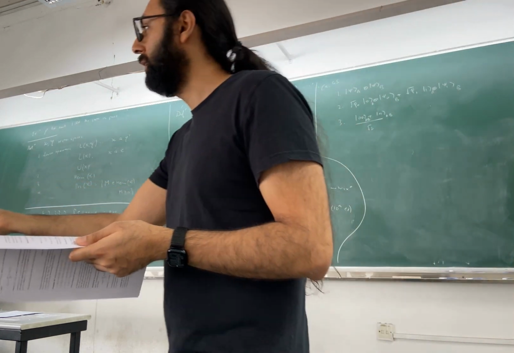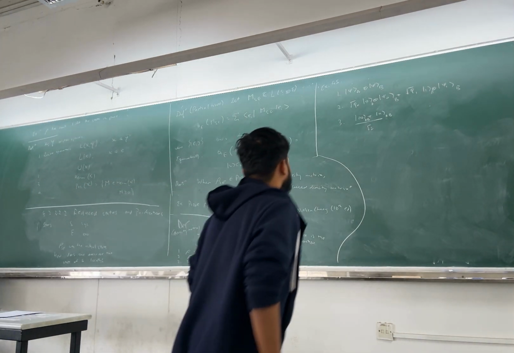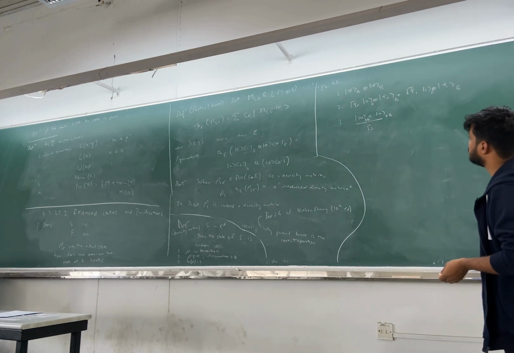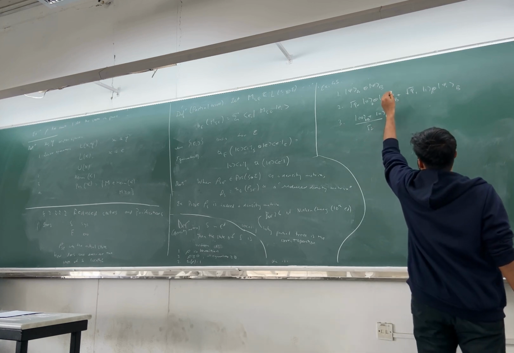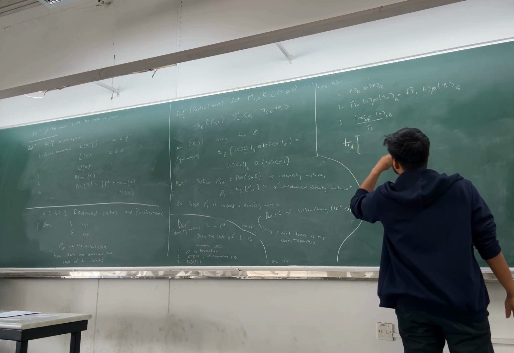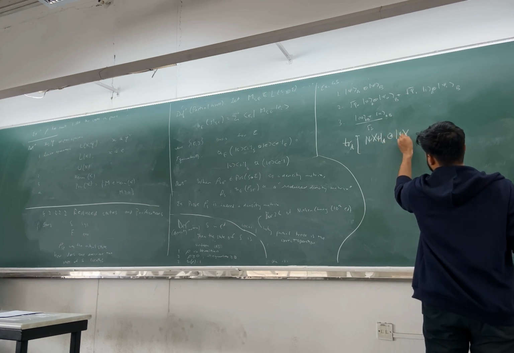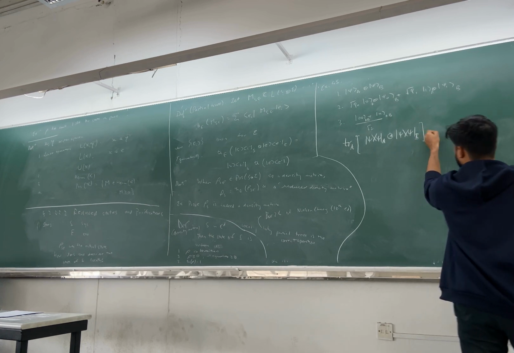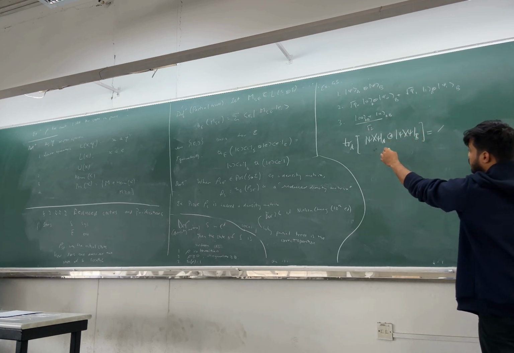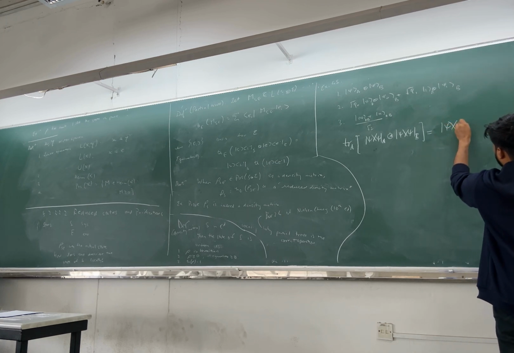Just write it for system A, reduced on system A. So trace out system B. Or actually trace out system A, remove system A, keep system B. If it's obvious, just write the answer.